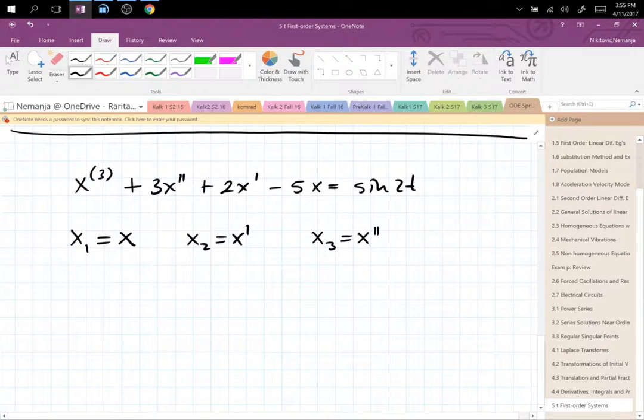And now if you observe, x2 was x prime, which means that is x1 prime. And x3 was x double prime, which means that's x1 double prime.